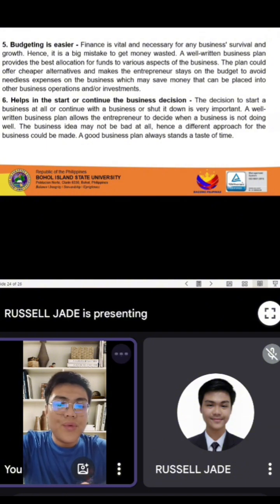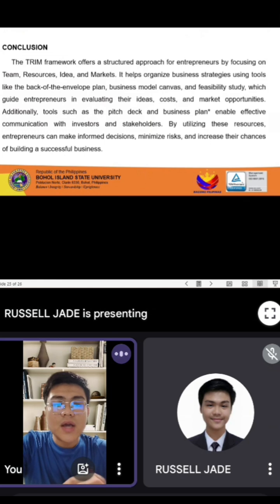All right, so here is the conclusion of our lesson for this meeting. The TREAM framework offers a structured approach for entrepreneurs by focusing on team, resources, idea, and market. It helps organize business strategies using tools like the back of the envelope plan, business model canvas, and feasibility study, which guide entrepreneurs in evaluating their ideas, costs, and market opportunities.